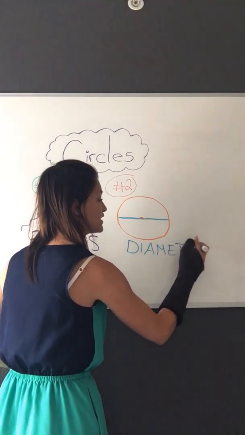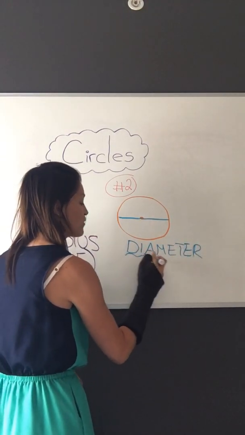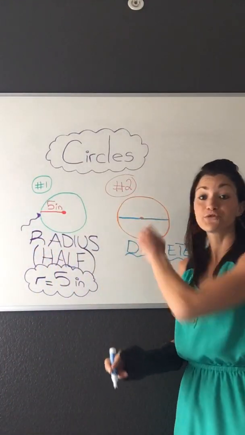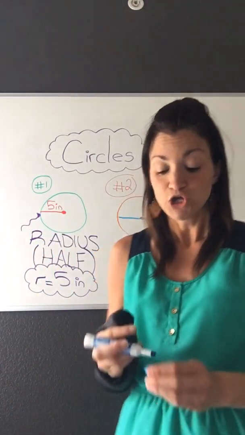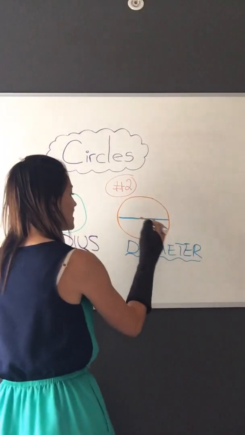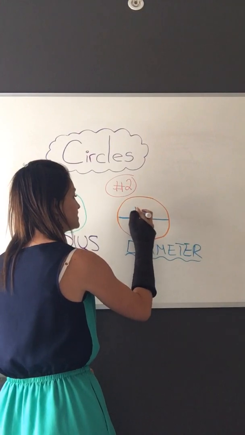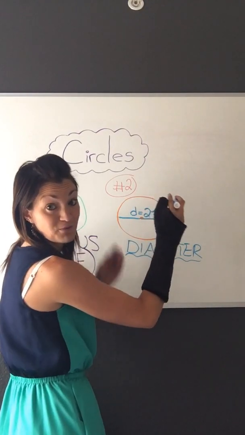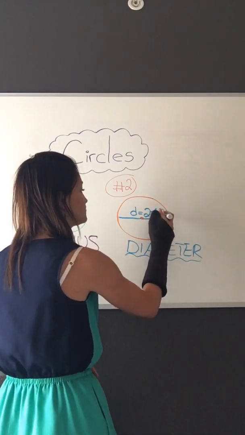D-I-A-M-E-T-E-R. So radius is halfway through the circle, while diameter is actually through the entire circle. So let's say on this one, okay, let's say that it says D equals 23, shout out to Jordan, also my favorite number, feet, okay?